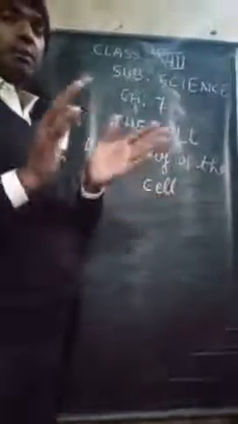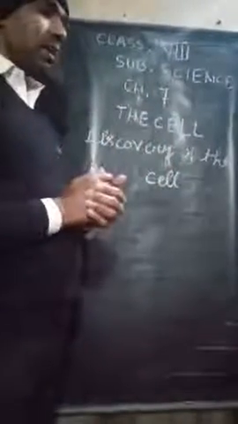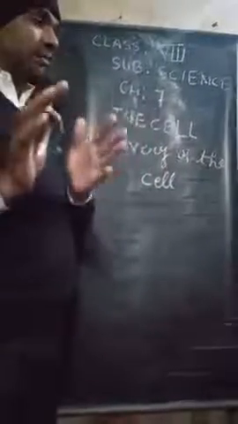Microscopic means small in size and macroscopic means large in size. Bacteria are microscopic, while others, most plants and most animals, are macroscopic.